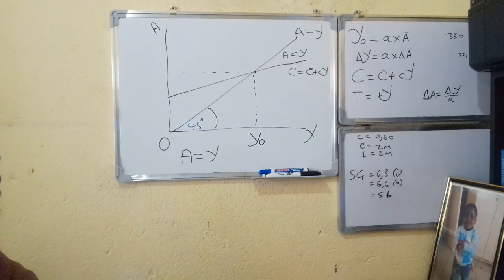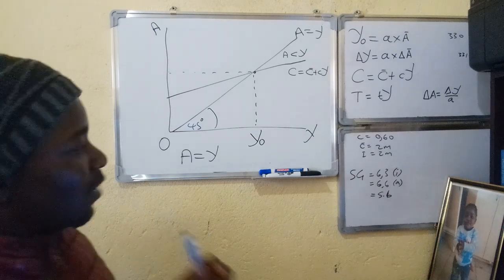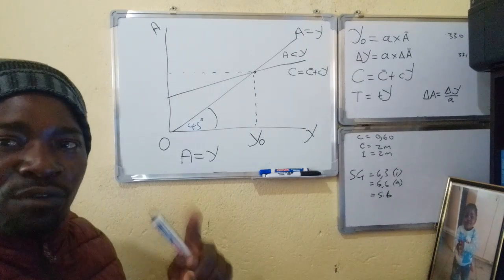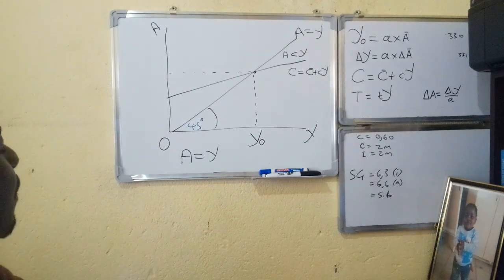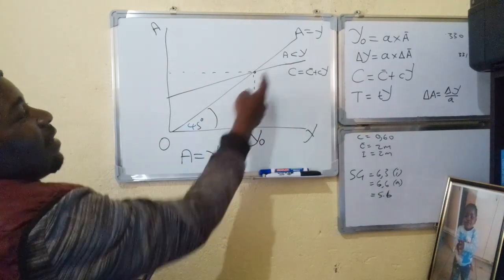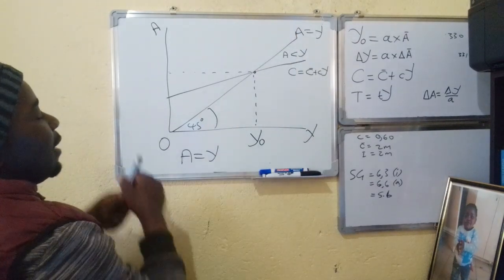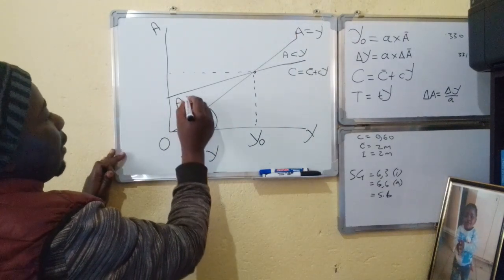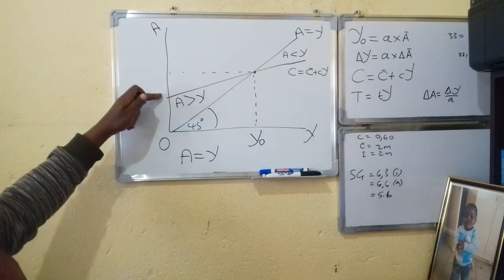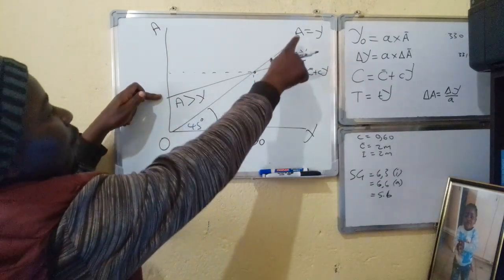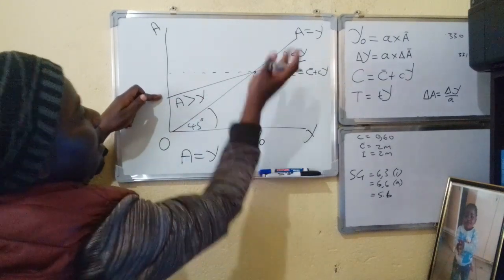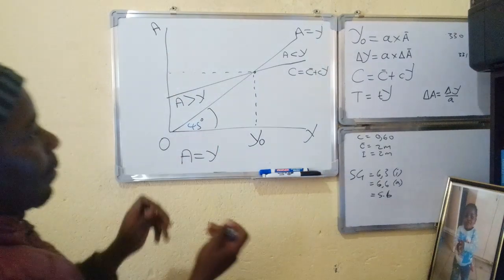But you will notice, as we add investment expenditure, remember I said we're going to start with C and then add I and then add G and so forth. You will notice something. So, here you are at a point where A is less than Y. And here you are at a point where A is greater than Y, where the expenditure is above the level of income. Here you are at a point where expenditure is below the level of income.